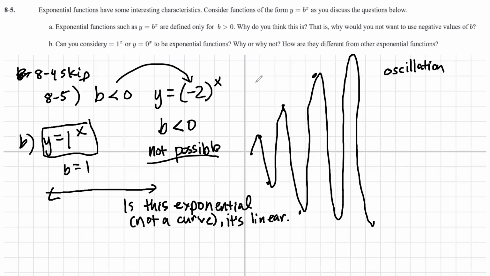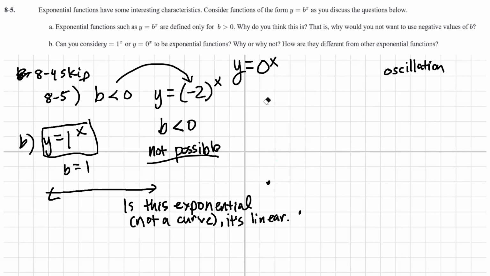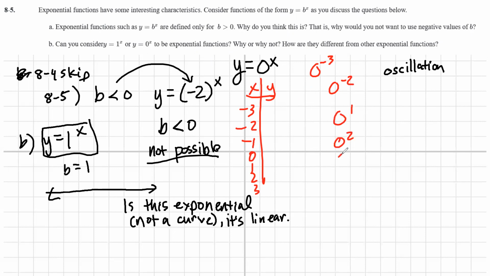So this is not considered an exponential function. How about y equals 0 to the x? Let's look at that. If you do y equals 0 to the x, x, y, -3, -2, -1, 0, 1, 2, 3. If I do 0 to the -3, 0 to the -2, 0 to the 1, 0 to the 2, 0 to the 3, what do you get when you do 0 to all these powers, guys? It just creates 0.